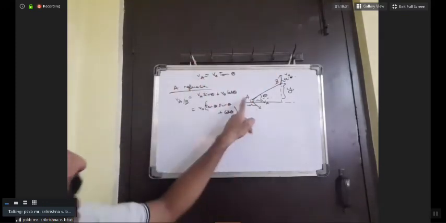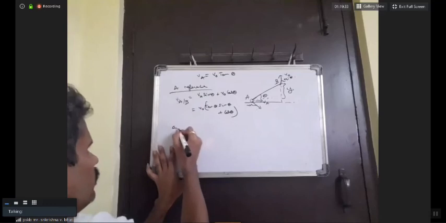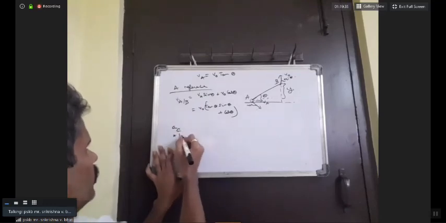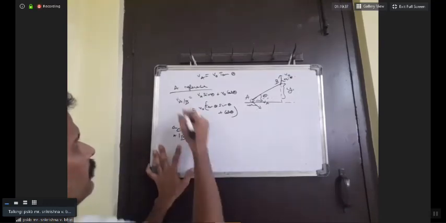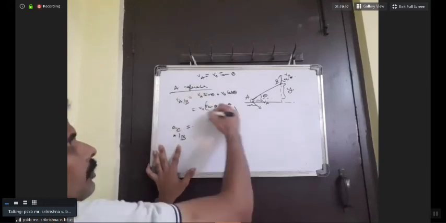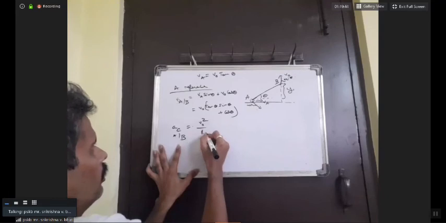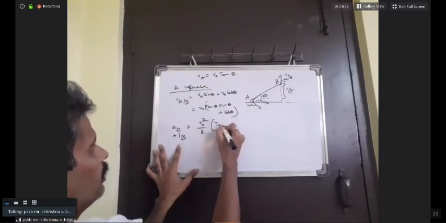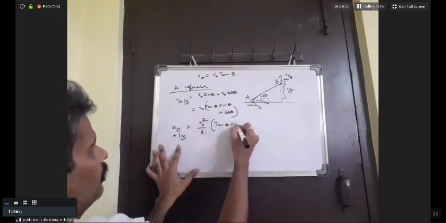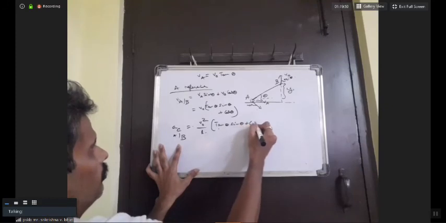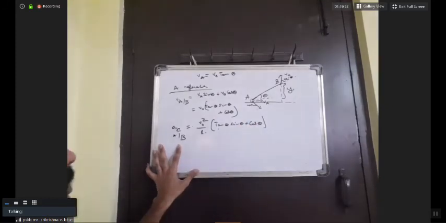So the centripetal acceleration of A with respect to B will be nothing but the square of this divided by L. That will be V naught square by L into this tan theta sin theta plus cos theta, squared.